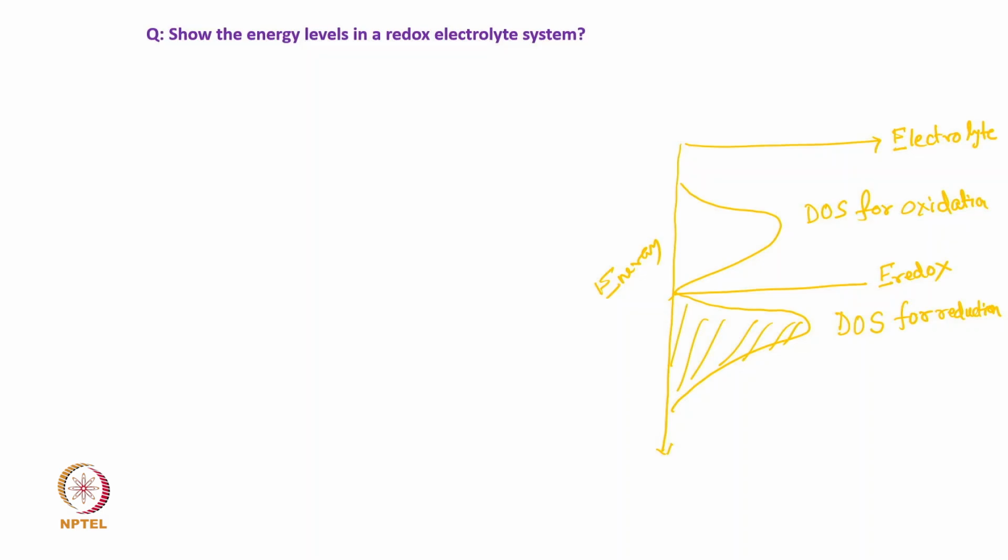This is how we describe the energy levels of an electrolyte. We have also seen that when this electrolyte comes in contact with the semiconductor, with its conduction band and valence band, how these energies get aligned with the energy bands of the semiconductor, and then the photovoltage is generated.